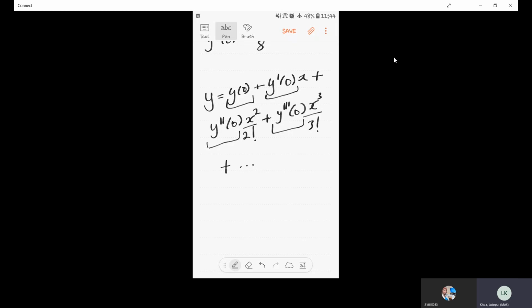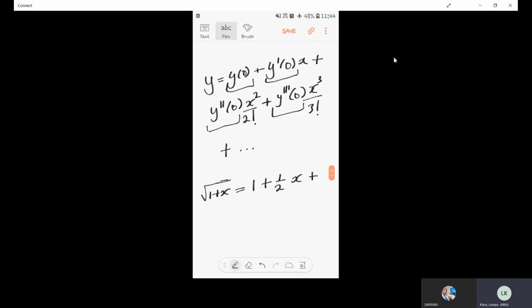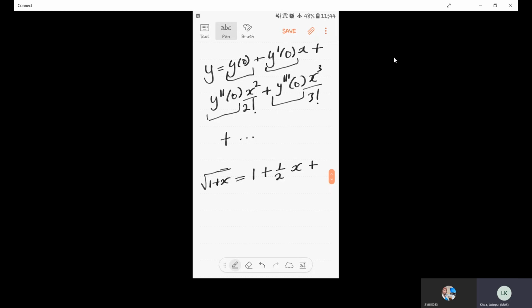So my y, this was square root of 1 plus x, is equal to y of 0, which is 1. And then I add y prime of 0, which is half, multiplied by x to the power of 1 divided by 1 factorial, but 1 factorial is just equal to 1.